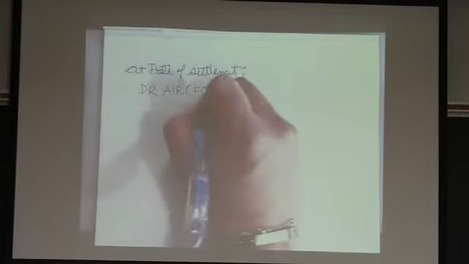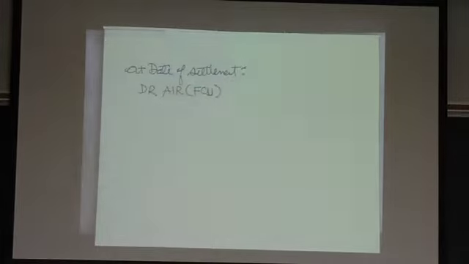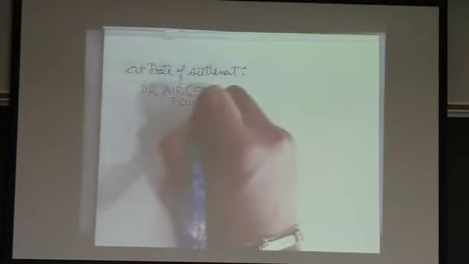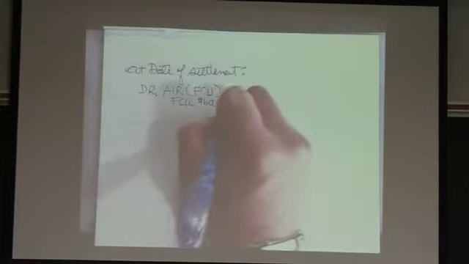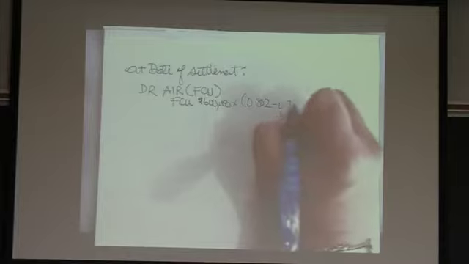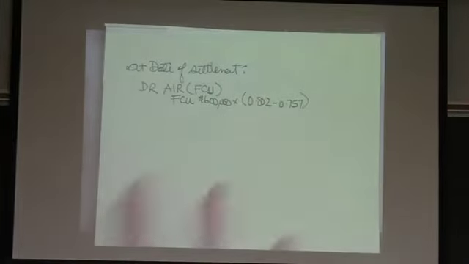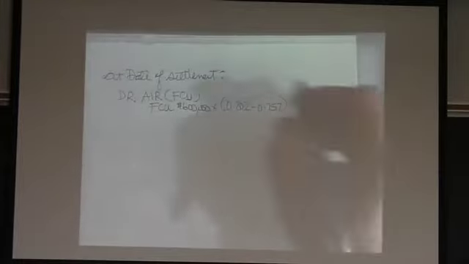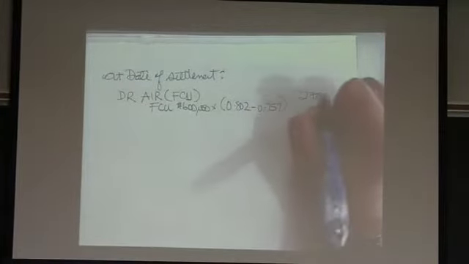So we're going to debit the accounts receivable in foreign currency unit. And that will be the difference between foreign currency unit, 600,000 times 0.802 minus 0.757. I always like to show my work as I do these journal entries, and that's 27,000.